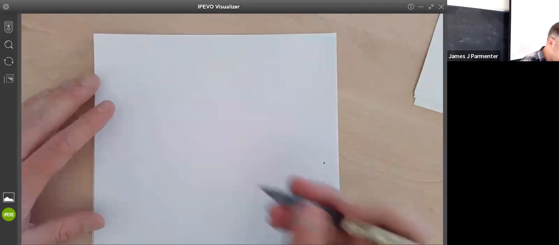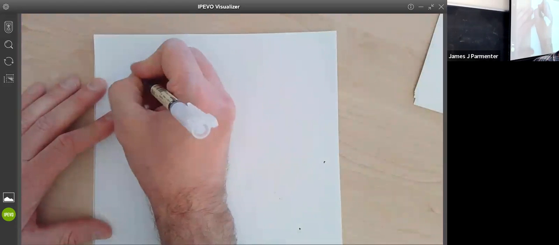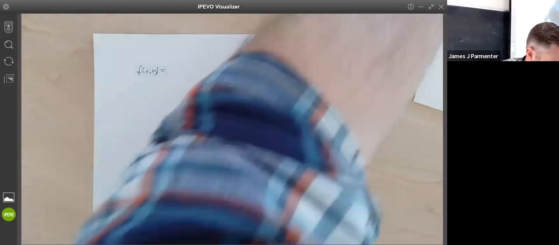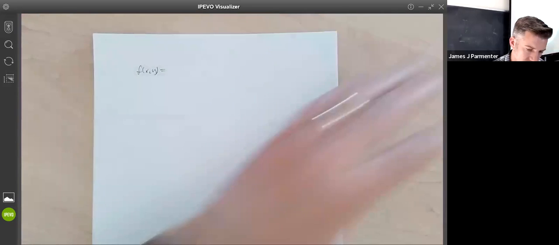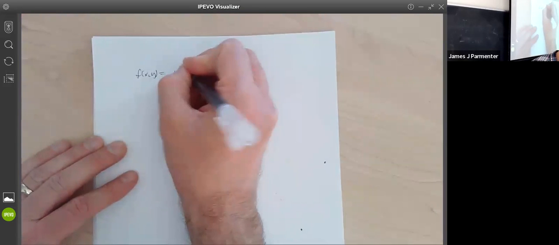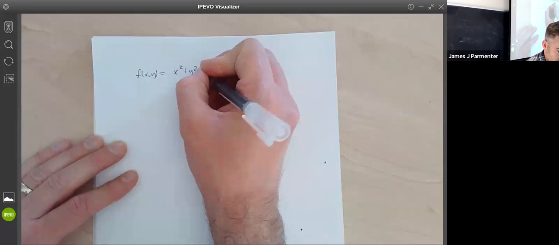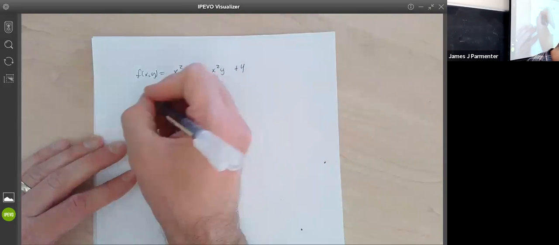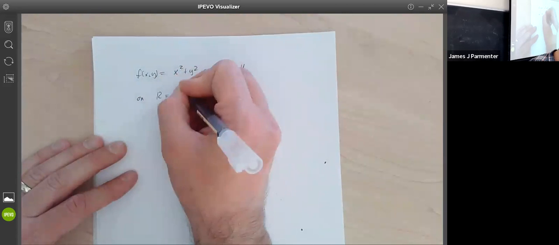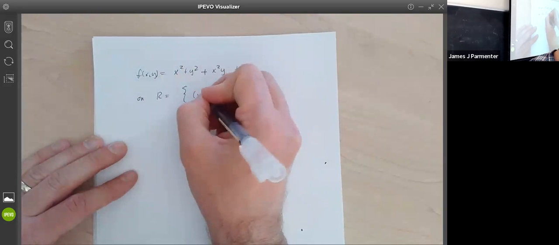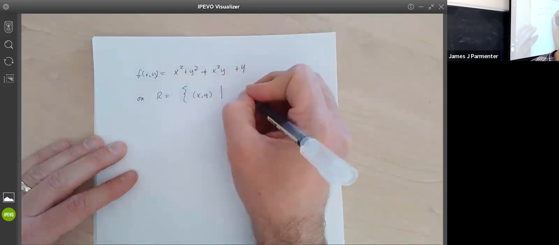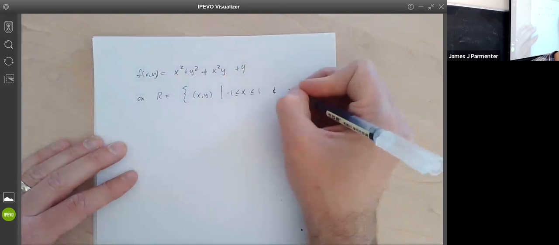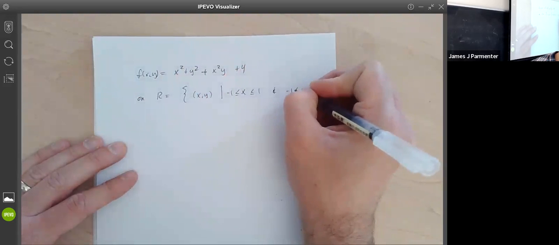So what we're going to do for f of x, y equal to, and I forgot what the function was already because I'm trying to remember things, x squared plus y squared plus x squared y plus 4 on the region, the set of all points x, y such that x is between -1 and 1, and y is between -1 and 1.